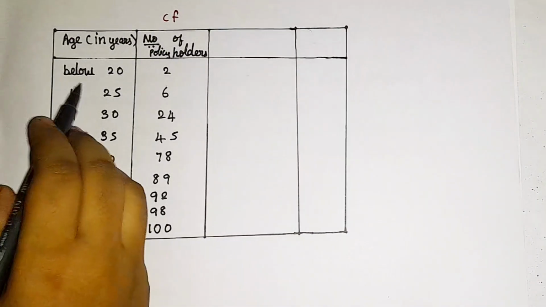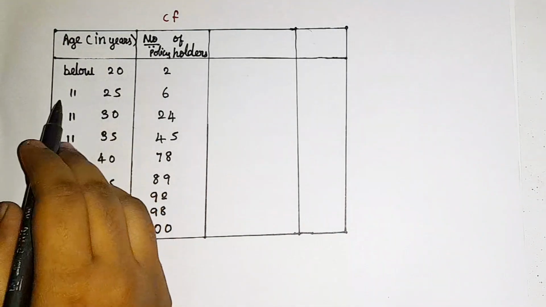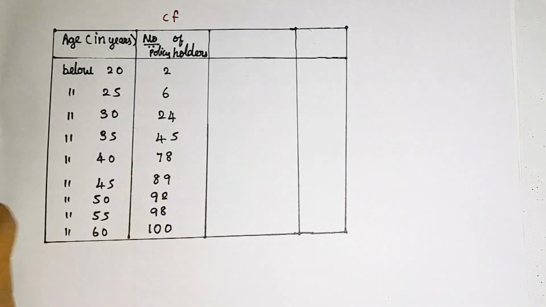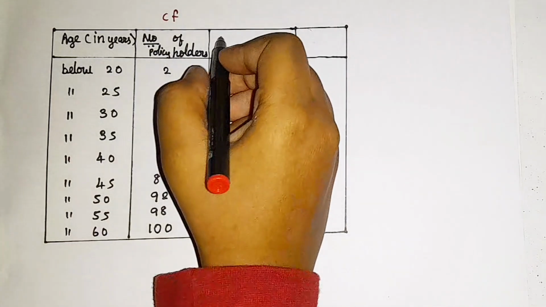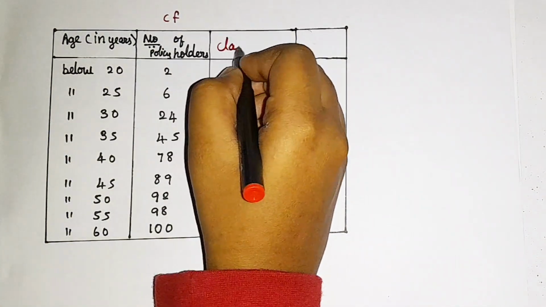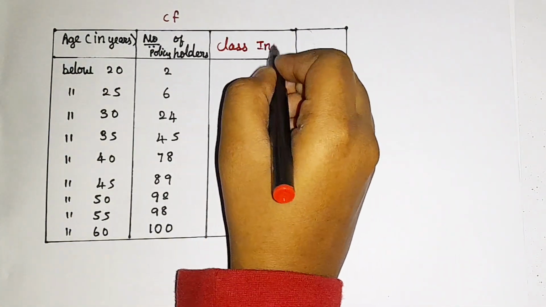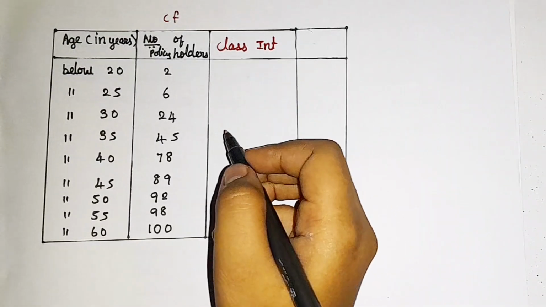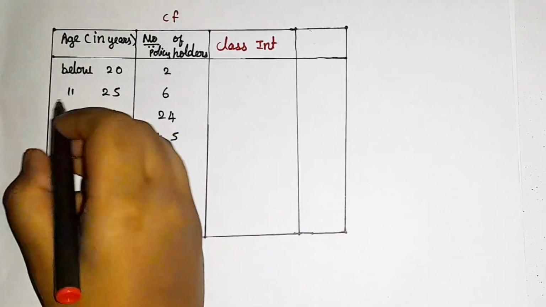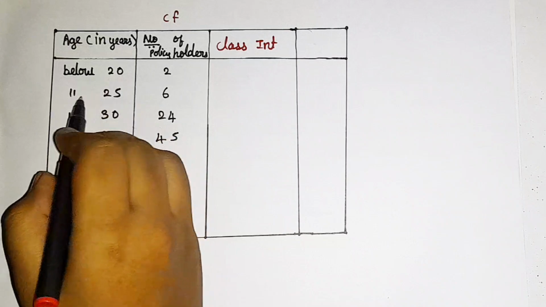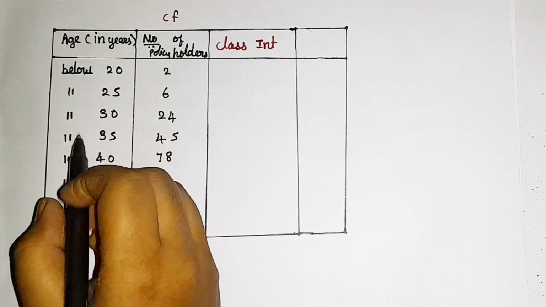Okay, since we have something like this, that is below 20, below 25, I am going to write it as normal class interval. How to write that? It is literally easy. When you take it out, the gap between them is 5, isn't it?